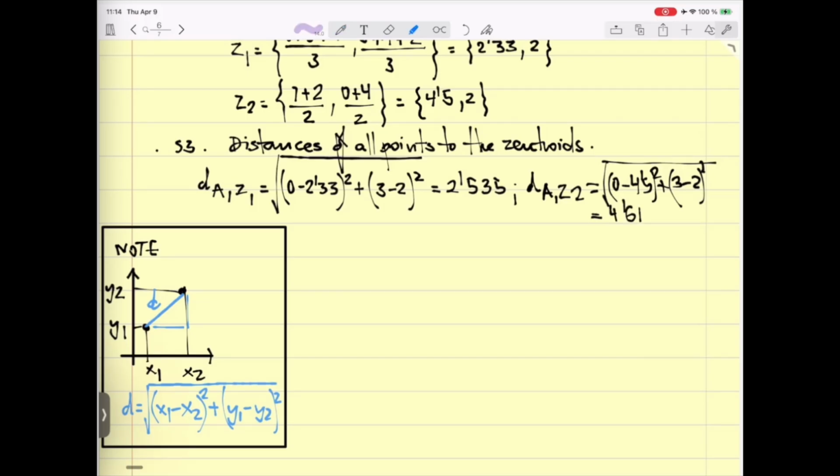So A is going to belong to the first group, to Z1 group. We always take the smallest distance. If we do the same for the rest of the points, for B we get 3.804, sorry, and then to the other, we get 1.803. So B belongs to the second group.